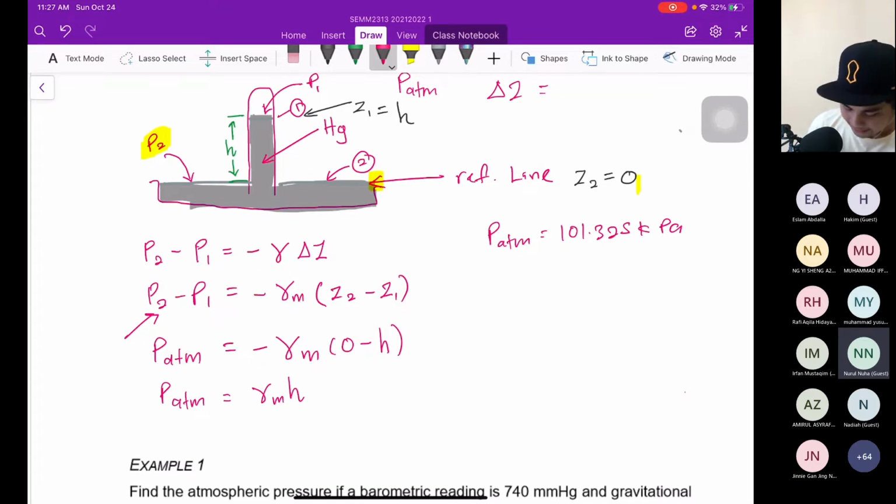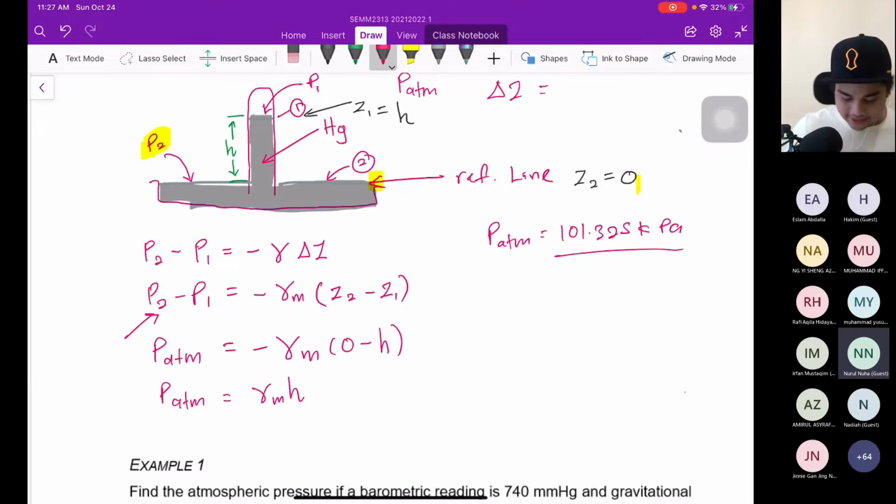Barometer. So the scientists plug in the gamma of mercury and the height of the mercury using the experimental method and get this value. Even though scientist A conducts it in Mexico and scientist B in Germany, the value is the same. Why the same? The atmosphere surrounding us is the same, right? We are living on the same Earth.